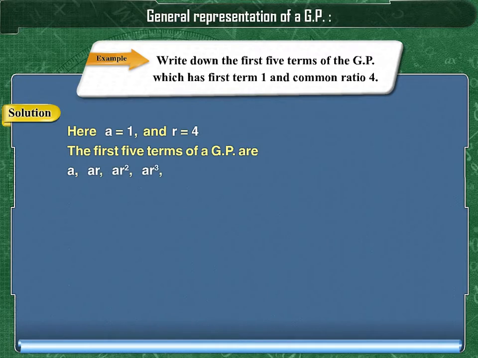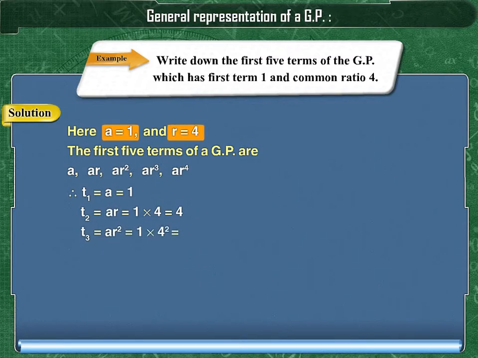Substituting the values of A and R, we get T1 is A, which is 1. T2 is AR, which is 1 into 4, which is 4. T3 is AR square, which is 1 into 4 square, which is 16. T4 is AR cube, which is 1 into 4 cube, which is 64.